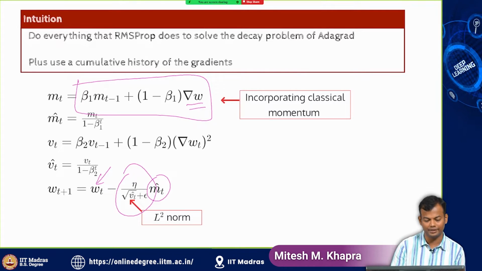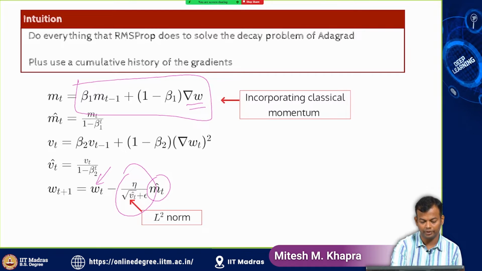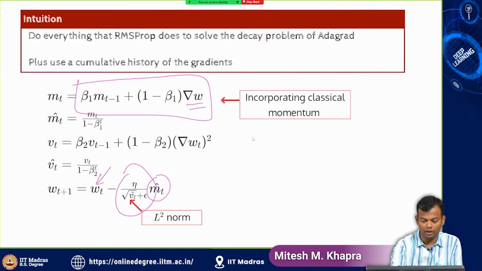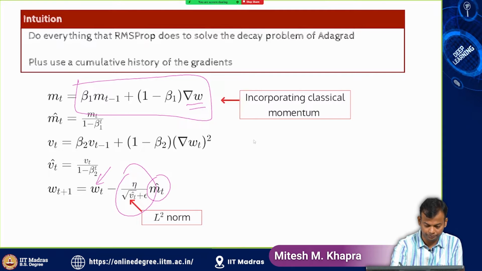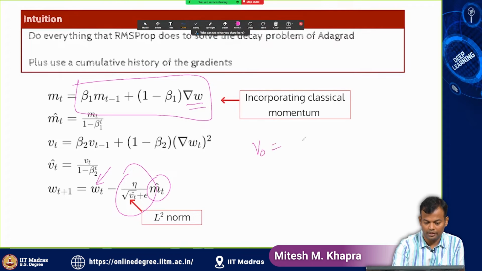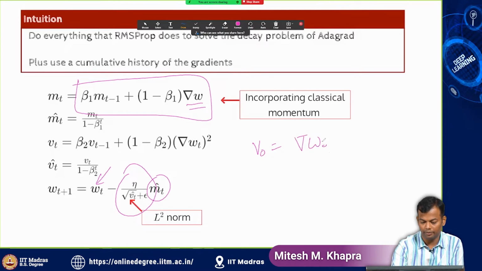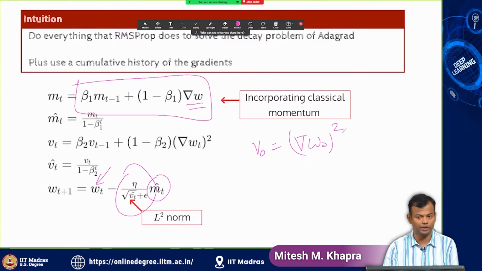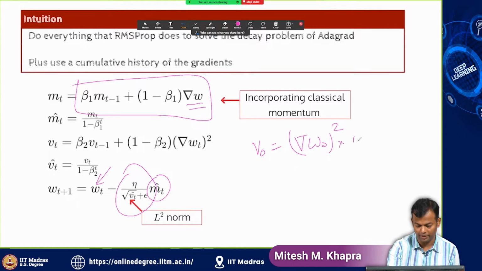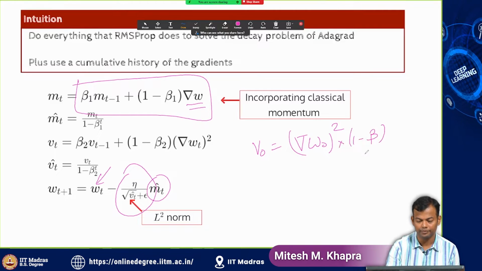What we mean by that is that, rather, it is an exponentially weighted average L2 norm, right? So you have V0, which is simply delta W0 square, because initially you don't have any other term, or rather 1 minus beta multiplied in.